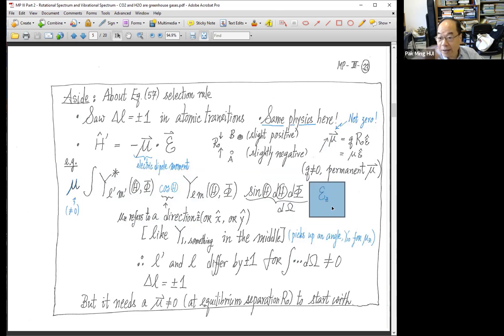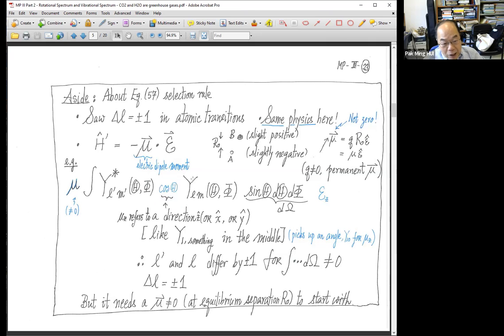You can set it as the Z direction. Then it has to do with a dot product, okay? So it picks up the projection into the direction of the field. That will pick up an angle cosine theta.